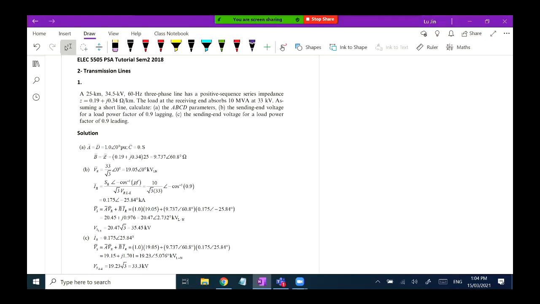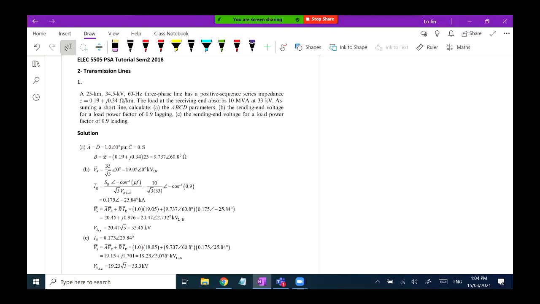The load at the receiving end absorbs 10 MVA. So what is this power? Apparent. Do you have the phase angle information? Yes, because the complex power is a vector having magnitude and angle.